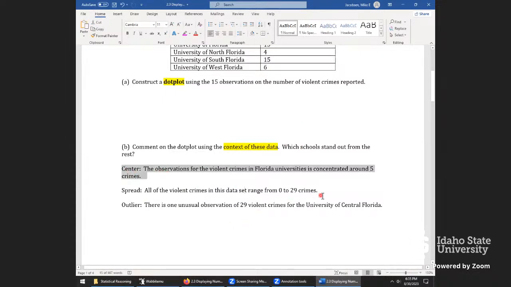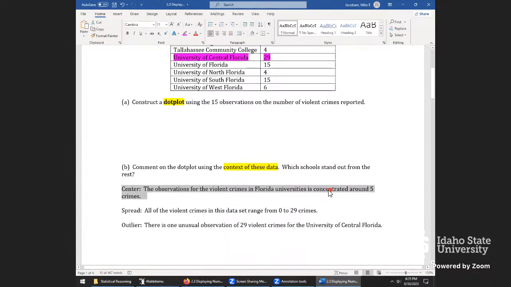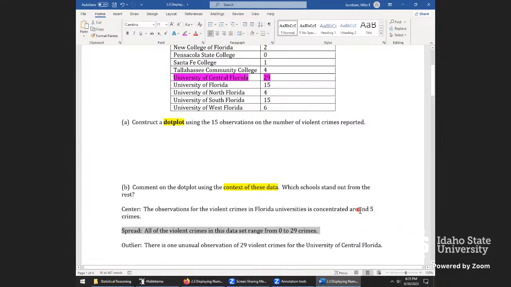The 29, it may look unusual to you as you read through here, but now it absolutely stands out when you're looking at the graph. It just helps the reader get a feel for the data. And we'll do a little bit better with spread. Giving the range is informative, but maybe not super informative at the moment. And we'll be able to do a little bit better later on. But we did it, folks.